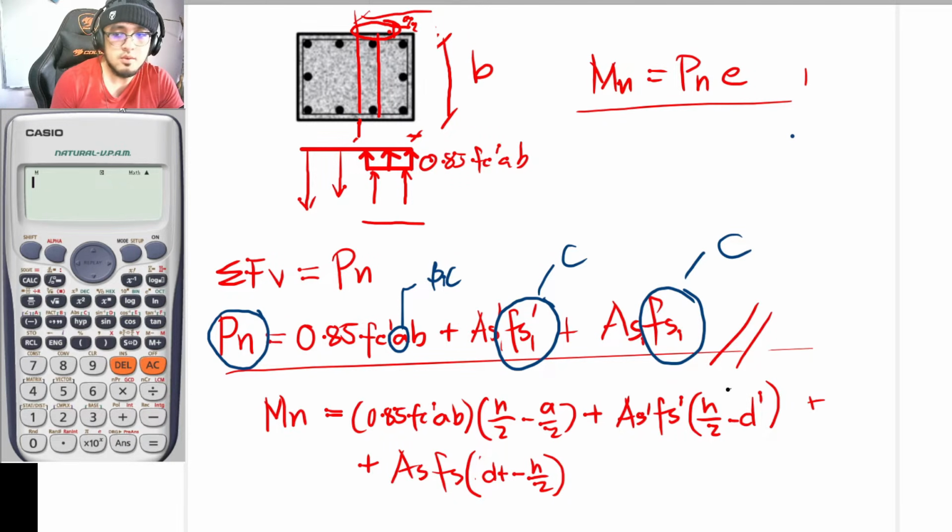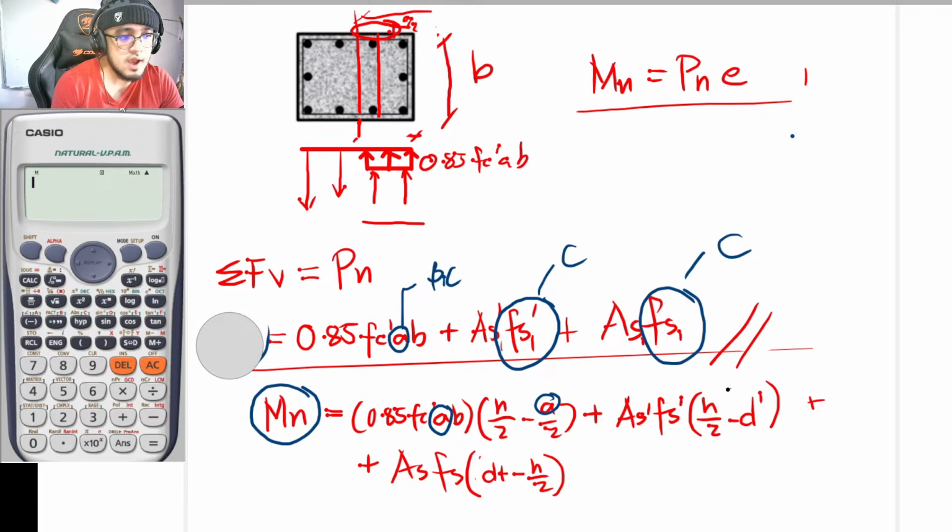So in this equation, we have two unknowns, as well as for this equation. Mn is unknown, as well as the value of your a, and all of the parameters here are dependent upon the value of c, which you do not know yet. Previously, in the analysis of doubly reinforced concrete beams, we did not have Pn here.